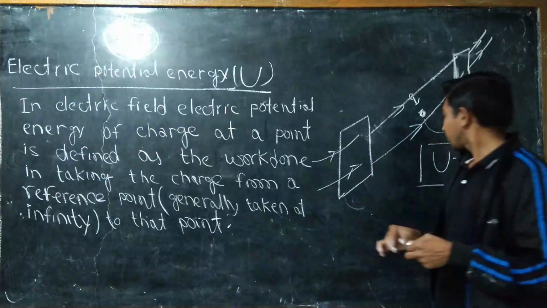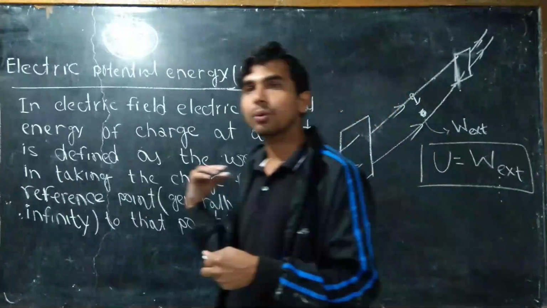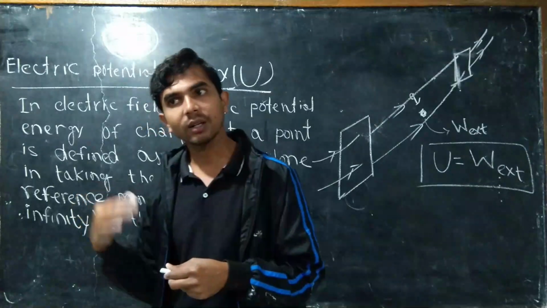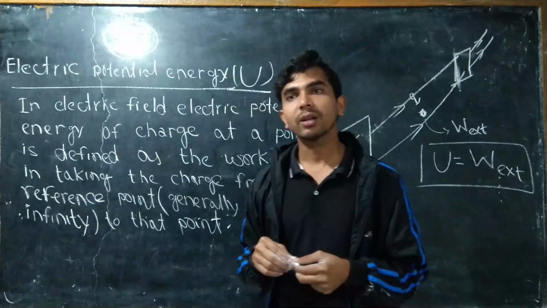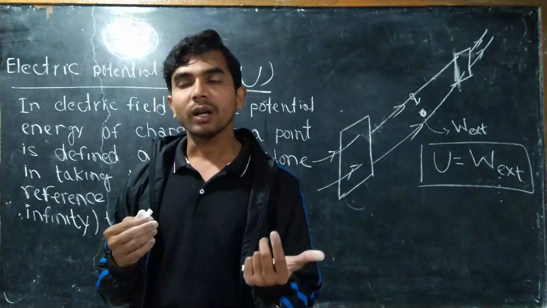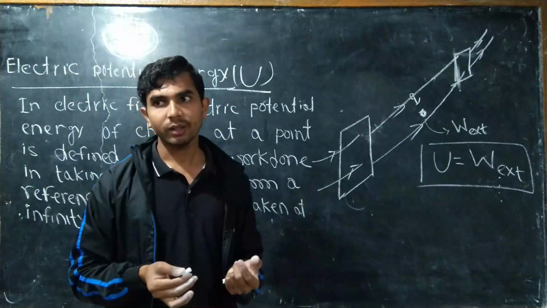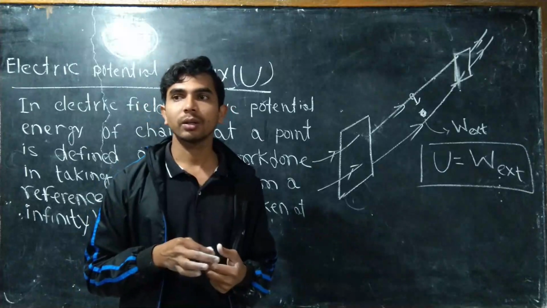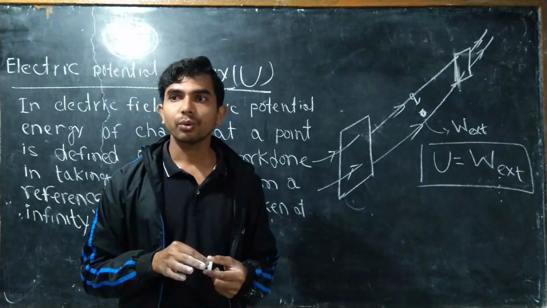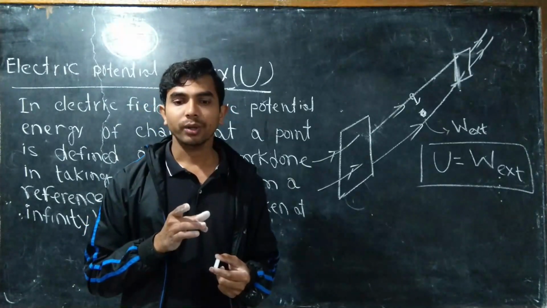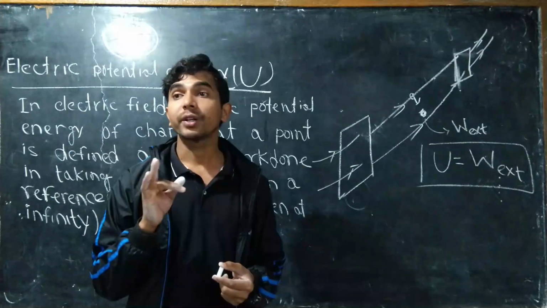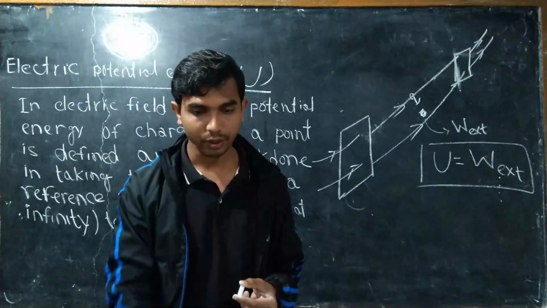This way we are able to calculate electric potential energy. To find electric potential energy, we have to find the work done. Next I am going to calculate electric potential energy due to 2 point charges.